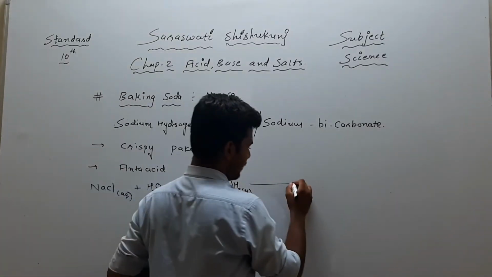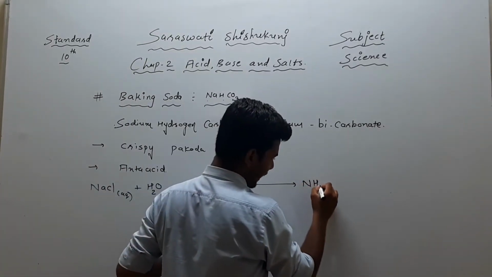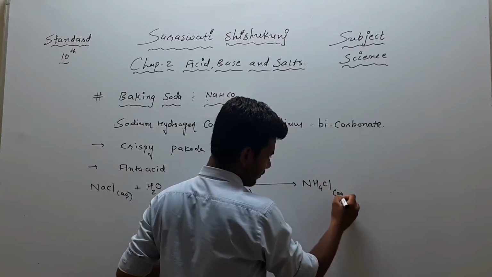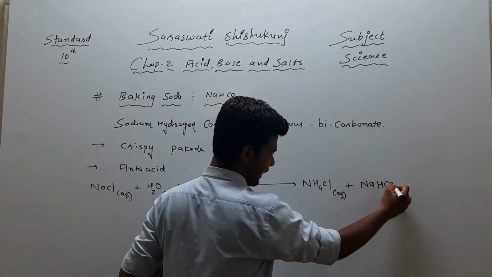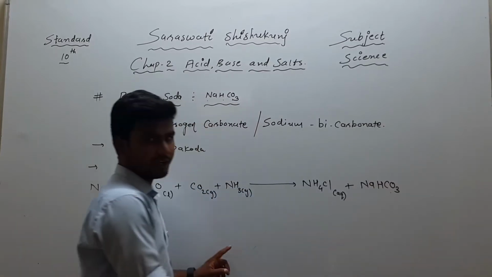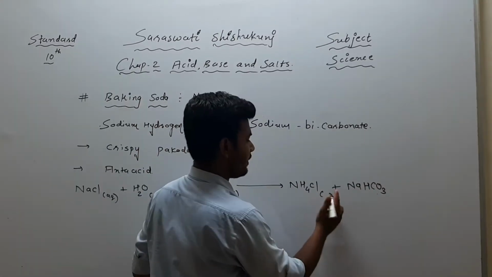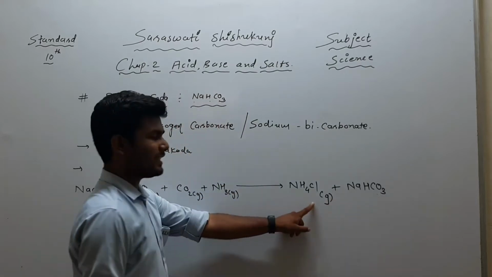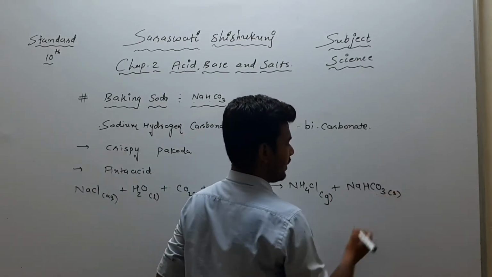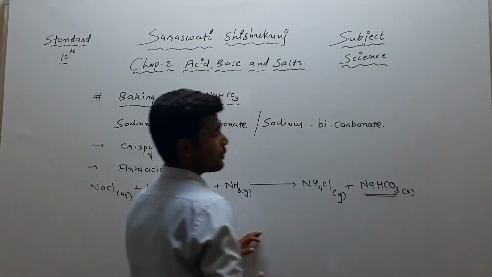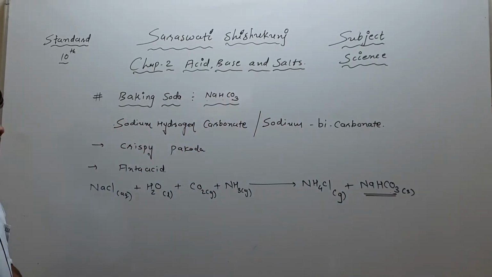When carbon dioxide and ammonia gas are passed through the solution, it will give us NH4Cl aqueous and NaHCO3 in solid form. This is our sodium hydrogen carbonate.